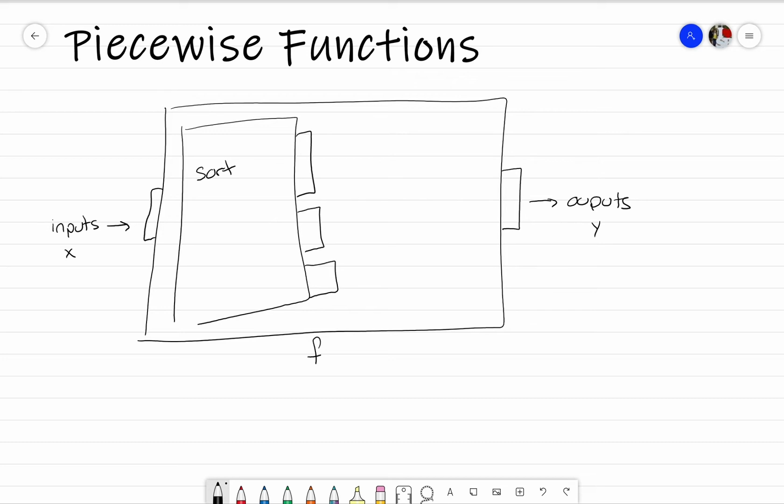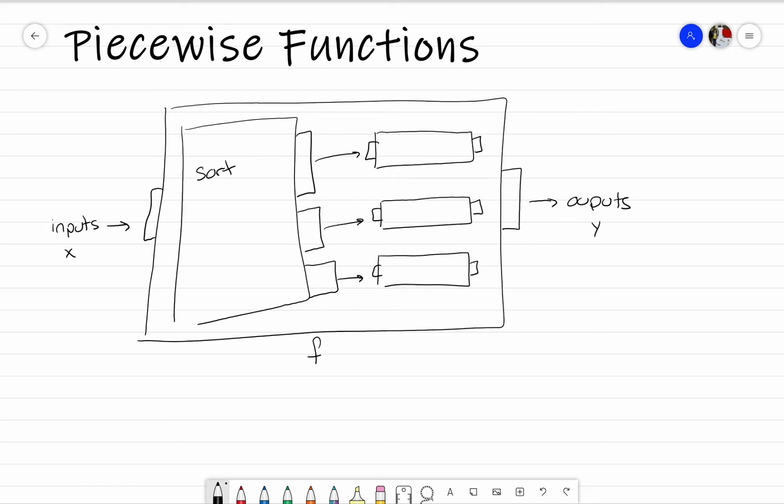And from there, we go into these mini function machines. Each of the potential bins that we get sorted into has its own machine. So it'll get sorted into here, into here, into here. And then depending on which machine it gets sorted into, it runs through that and then into our output.